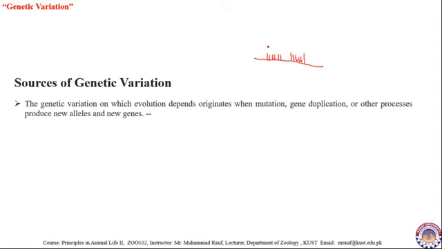Now the original gene will perform its function, and this duplicated sequence is available to adopt and start functioning. It is a kind of spare.